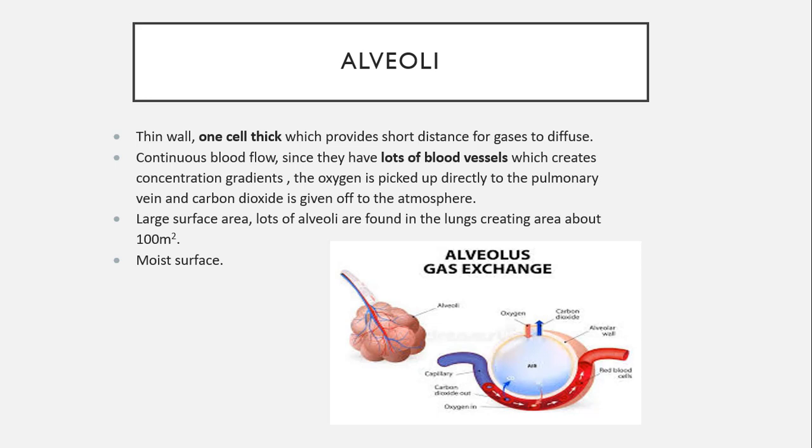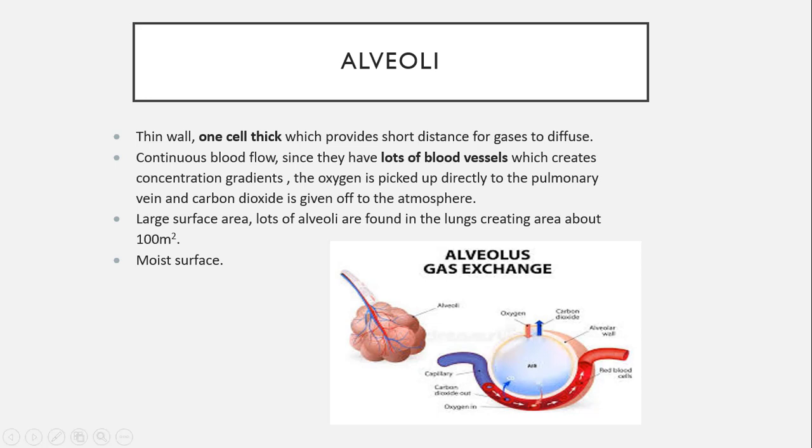Carbon dioxide diffuses out of the blood, back from the heart, to the alveolus, as carbon dioxide is less concentrated in the alveolus than in the blood, so it diffuses from where it is high in the blood to the wall of the alveolus.